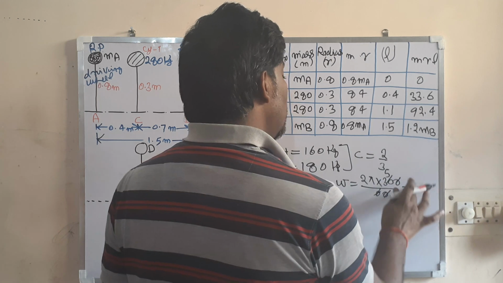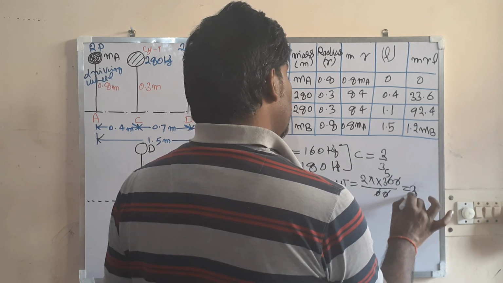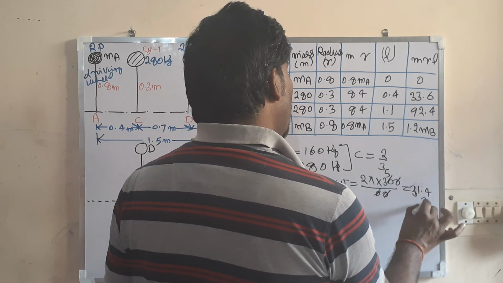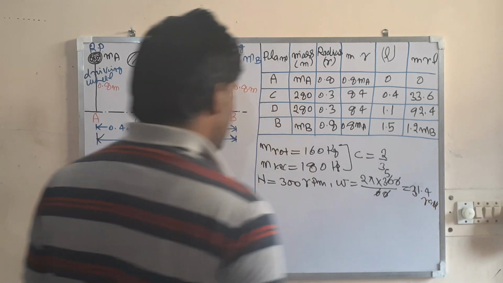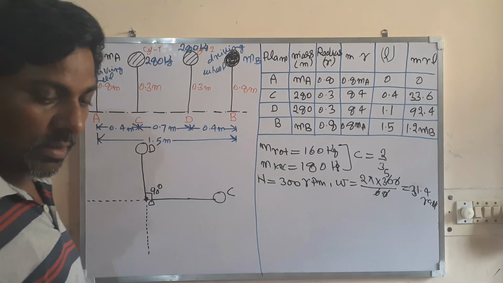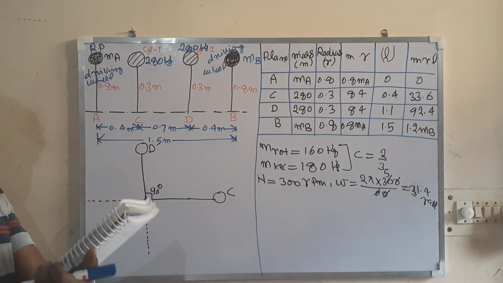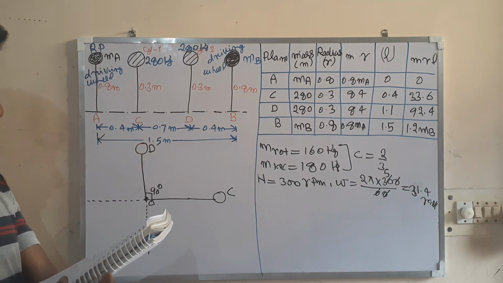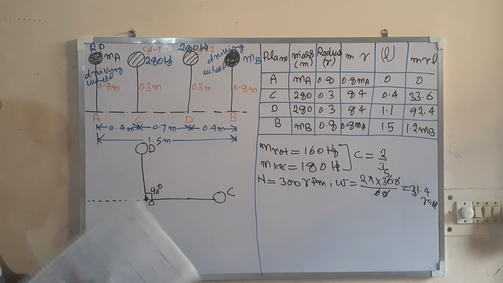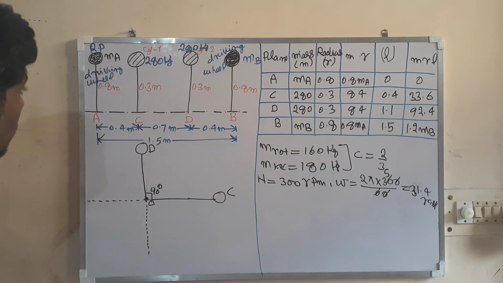That will be 31.4 radian per second. Okay, let us proceed.